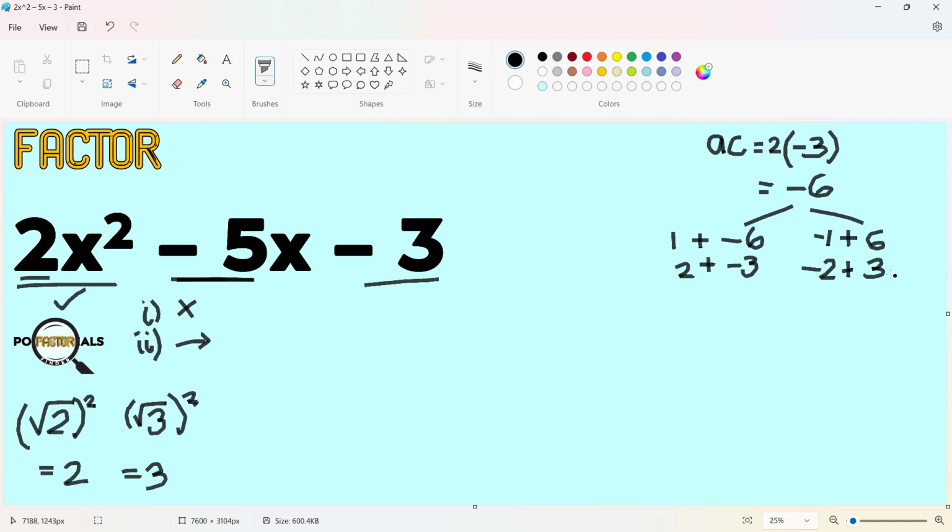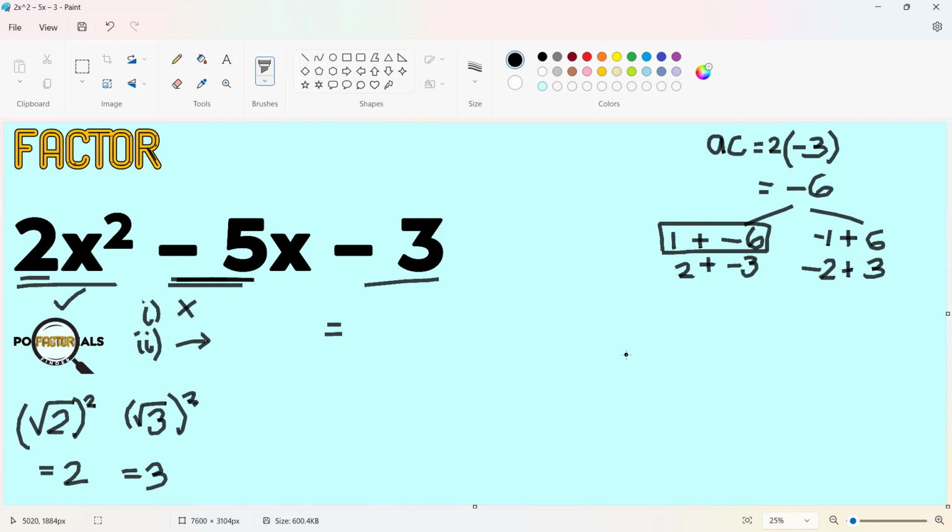If none of these 4 pairs can satisfy the middle term, then our given is already in the simplest form in terms of factoring and we can no longer factor it. But when you look closely, the first pair of coefficients, 1 times negative 6, will result to negative 6, but when added, they will result to negative 5. This means this is really factorable. And how do we factor that? Let's do it like this.